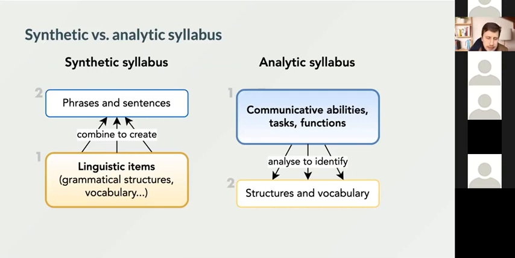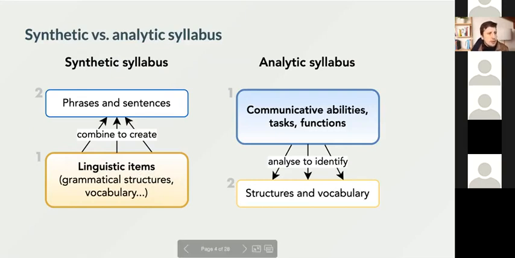Now, a synthetic syllabus is a syllabus that starts with the linguistic items, and then you go towards the phrases and the sentences.